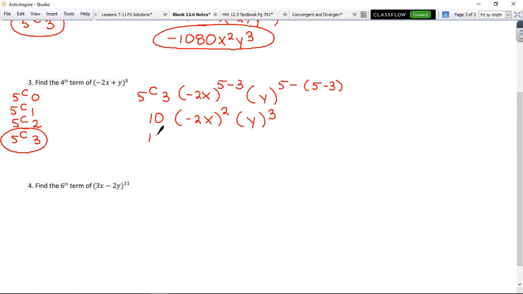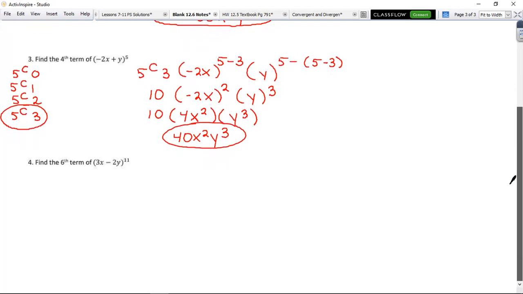So I have 10. Negative 2 squared, so I have a 4x squared from the middle, and then y to the 3rd. So your resulting 4th term is 40 x squared y cubed. And they're not bad, they're very pattern based.